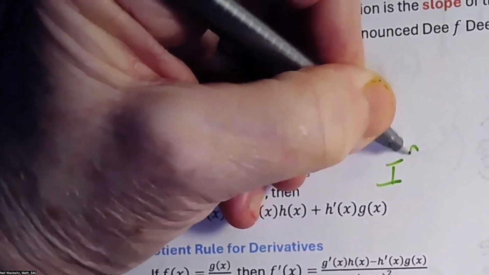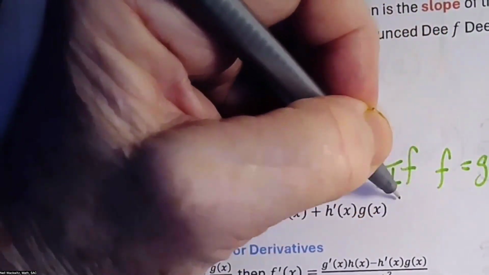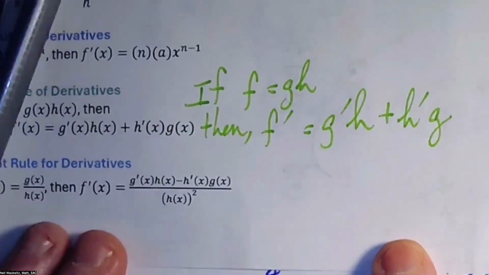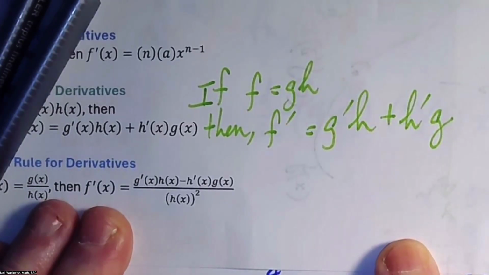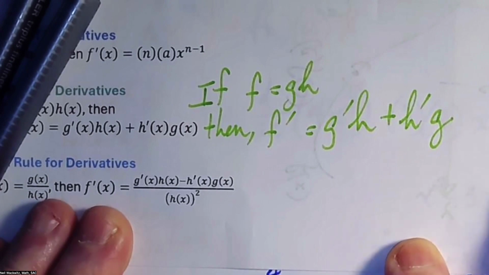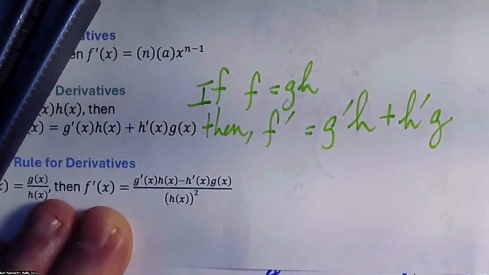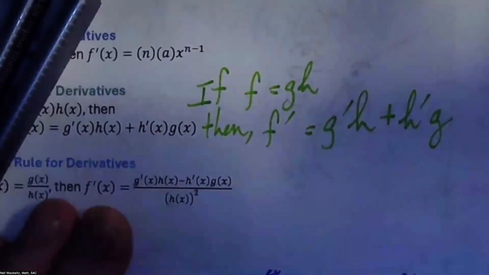So if f equals gh, then f prime equals g prime h plus h prime g. And this is only okay notation if we absolutely know that our underlying variable is x.